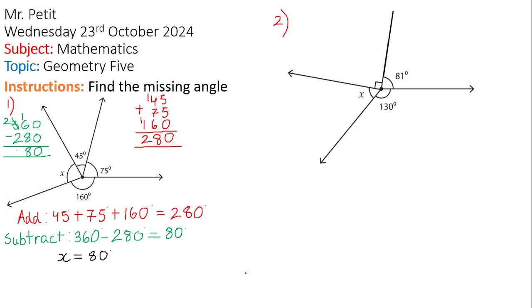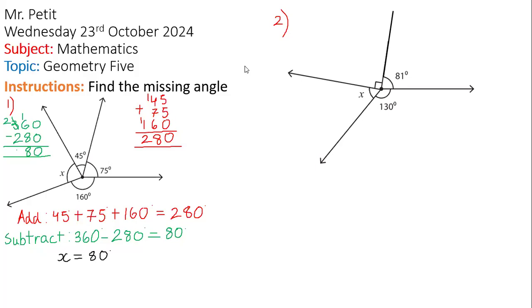Then you have to add the 90-degree angle also, and then subtract from 360. What 90 are you talking about? That looks like a 90-degree angle, isn't it? Correct, because of the box.